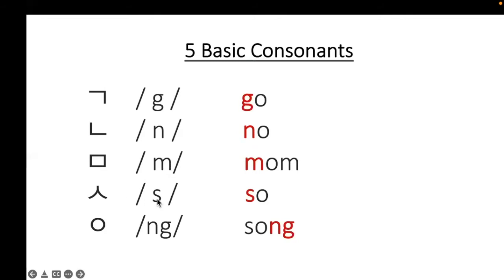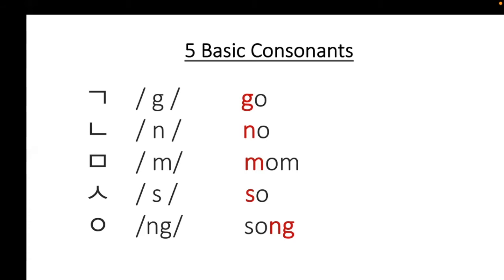And then the "s" sound is a little bit different from the English "s" sound. In English, you pronounce "so," right? But in Korean, we say "so" a little bit softer than the English "so." So it's the "s" sound in English, but in Korean, it's a soft sound.